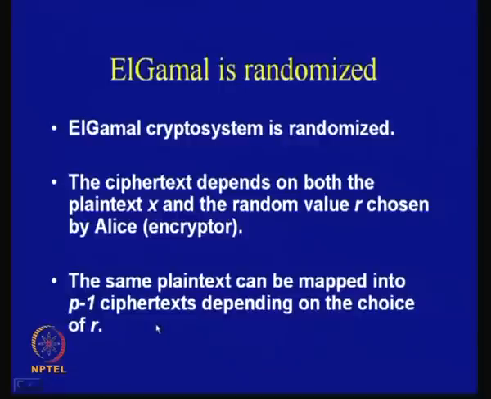For each of these choices, the same plain text will get mapped into different ciphertexts. Okay. So this algorithm is quite good because it is inherently randomized, and therefore it gives nice properties which we require because of the requirements of semantic security.